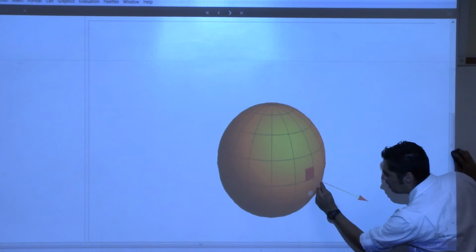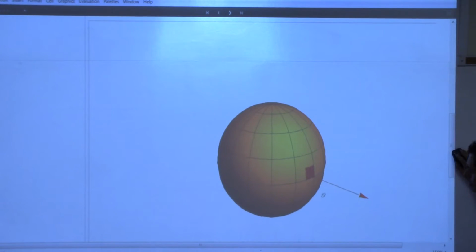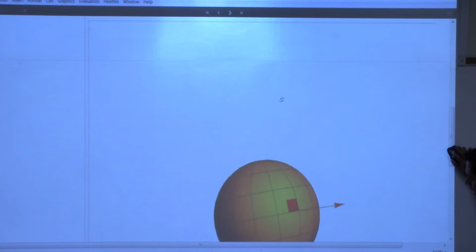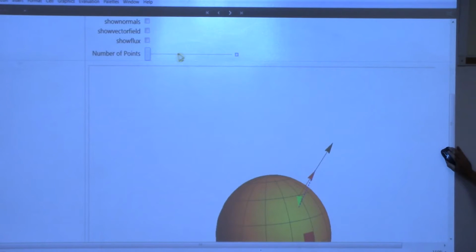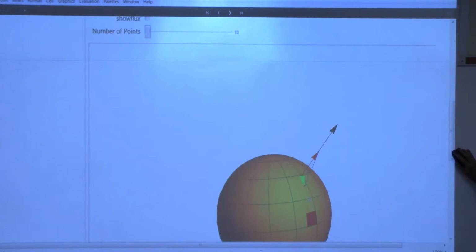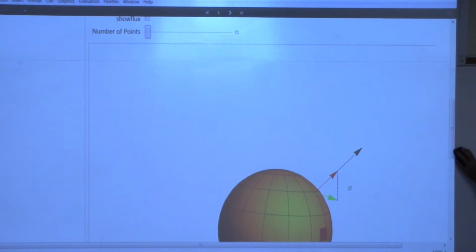So the point I'm looking at is this point right here. Let me get to the different points so you can see that these are different. Okay, there we go. I think that's a little better.